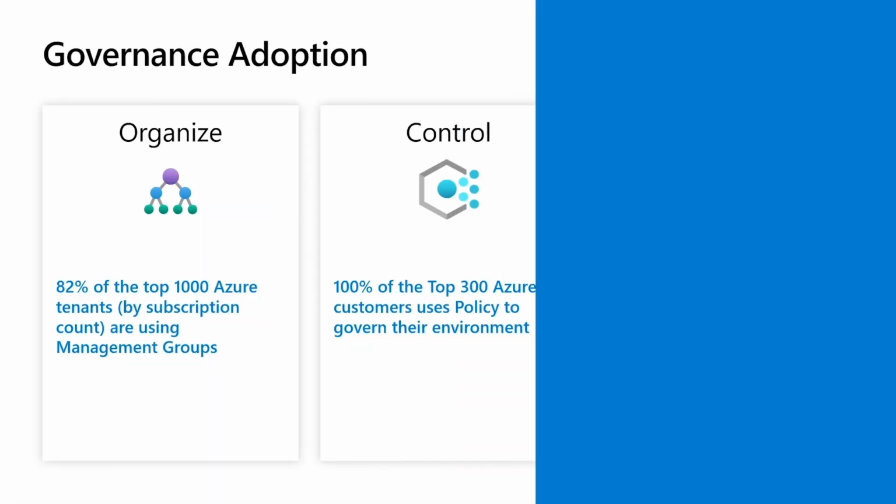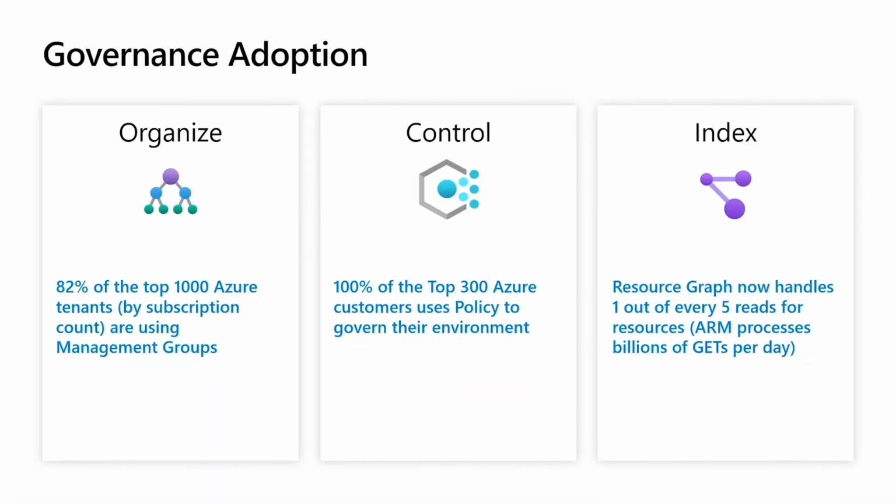Adoption for governance capabilities has been phenomenal. As you can see from the adoption statistics, the majority of large enterprises running on Azure today are taking critical dependencies on these capabilities. For example, 82% of top Azure tenants by subscription counts are already using Management Groups. 100% of the top 300 Azure customers are taking a critical dependency on Policy.